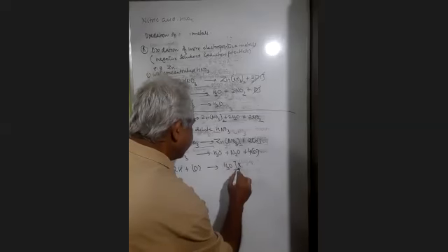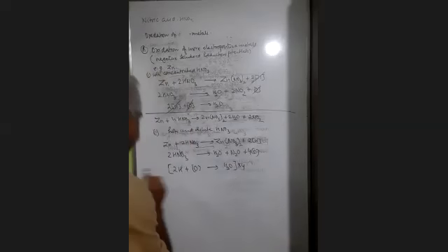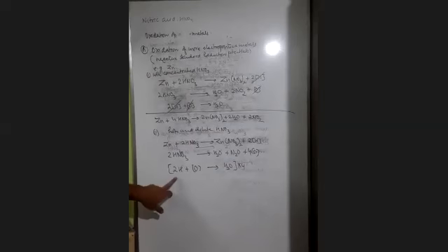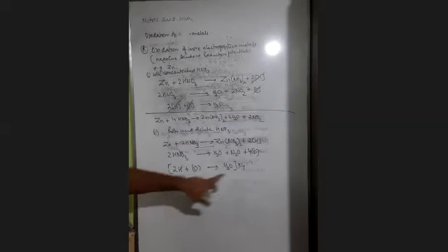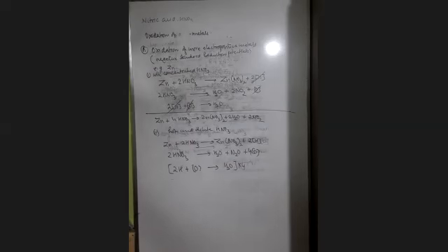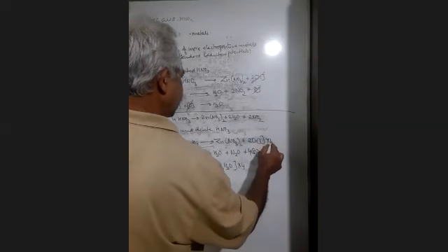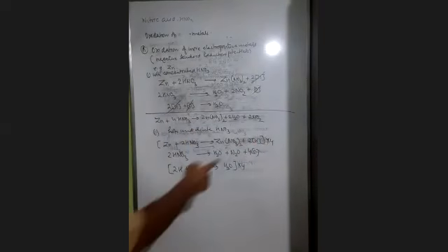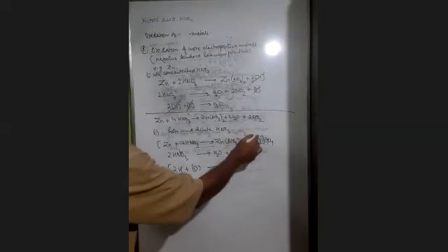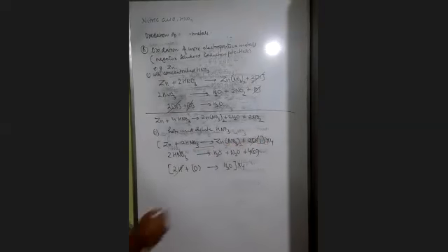I shall multiply it. How many hydrogen do I require? 4 into 2, 8. The first equation is giving me 2, so I multiply by 4. Now 8, 8, so this and this get cancelled. Add it.